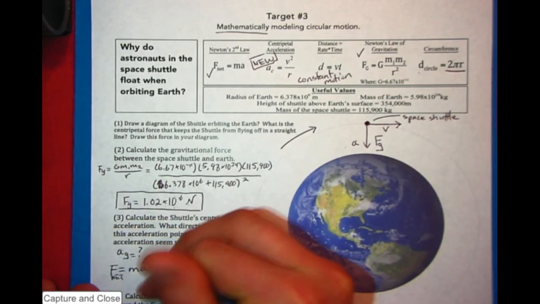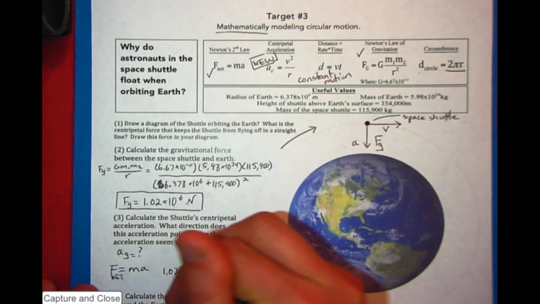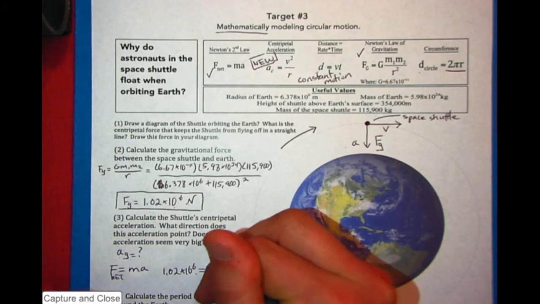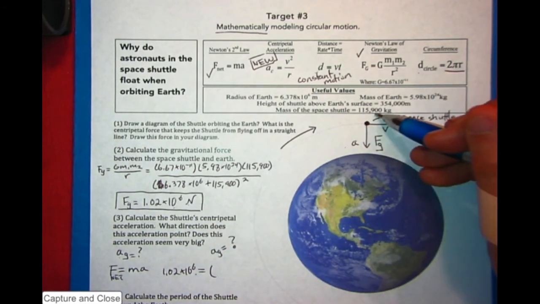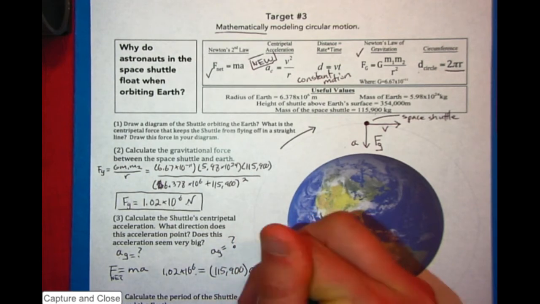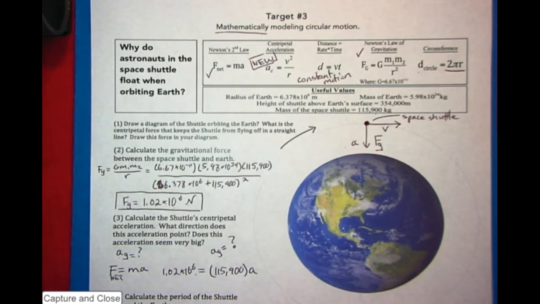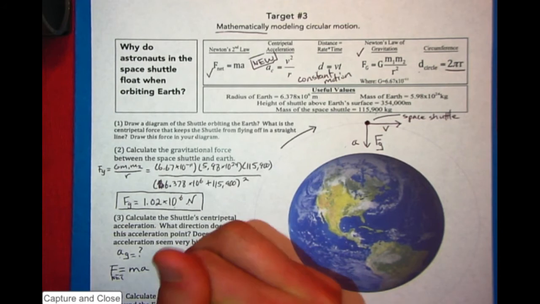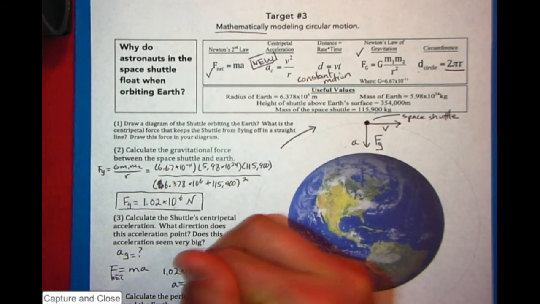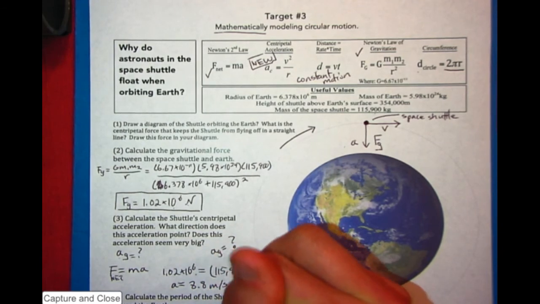My net force is going to be 1.02 times 10 to the 6th, and that's equal to the mass of my space shuttle, 115,900 kilograms. Then we solve for acceleration. When we do the math, we get that the acceleration is equal to 8.8 meters per second per second.